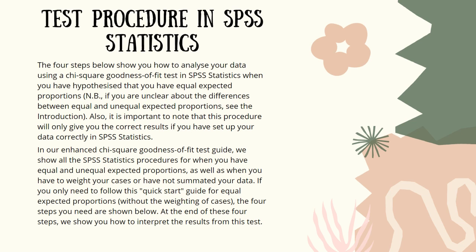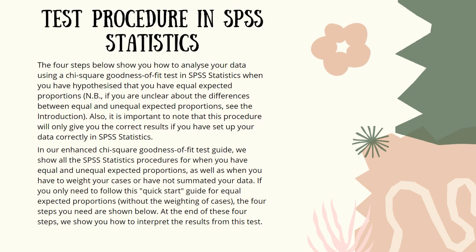In our enhanced chi-squared goodness of fit test guide, we show all the SPSS Statistics procedures for when you have equal and unequal expected proportions, as well as when you have to weight your cases.